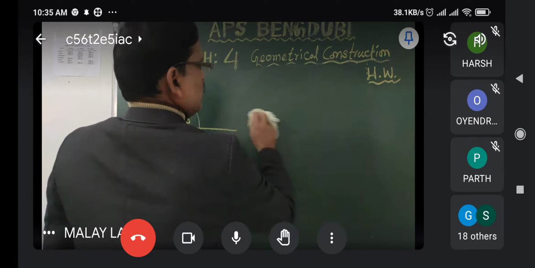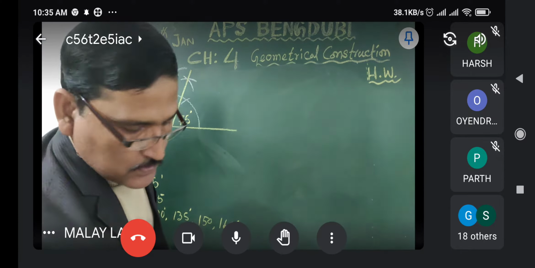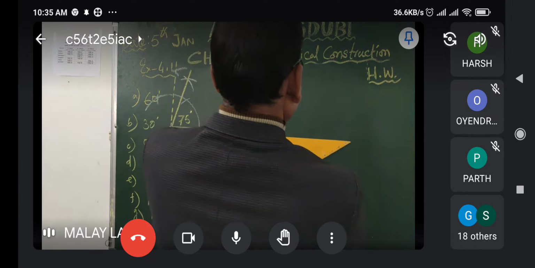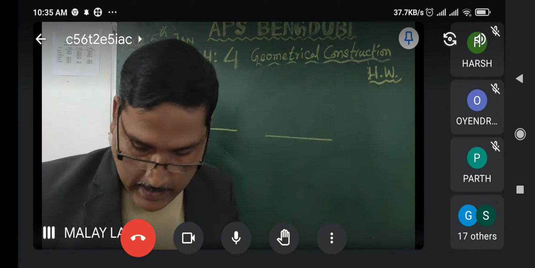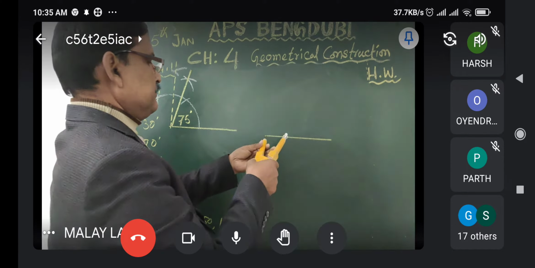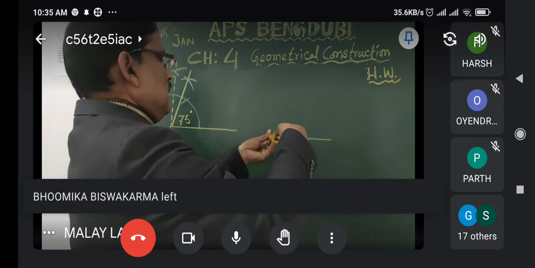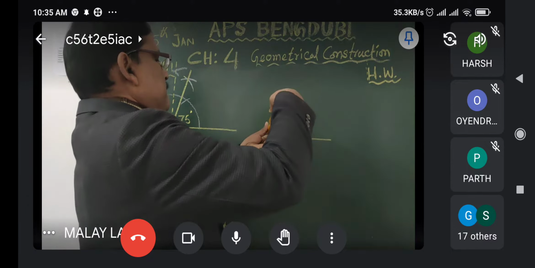105. How to draw 105? Same way, I have to draw a line segment first. Then I have to draw 90.